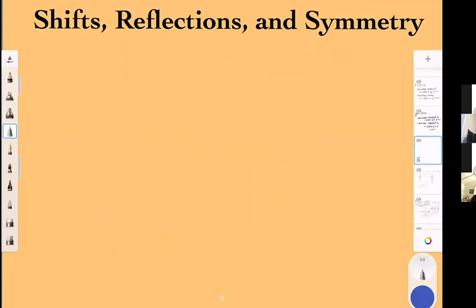Okay, let's have one spicy question. H of x equals 1 plus x squared, divided by x minus x cubed.